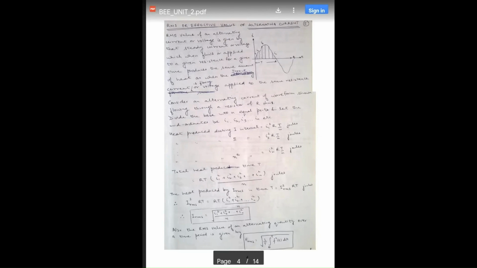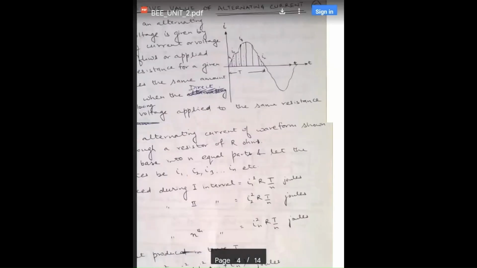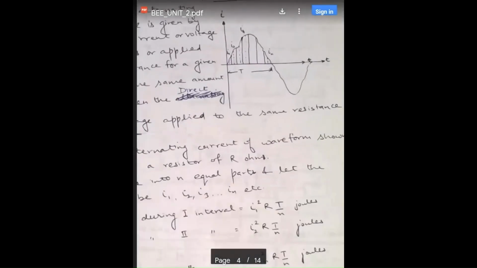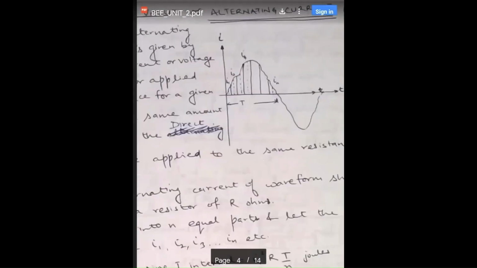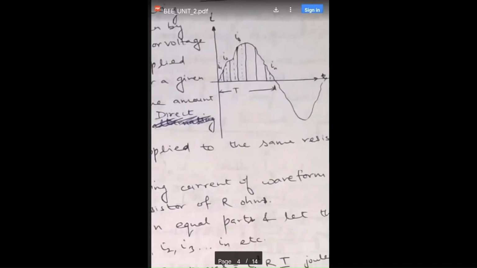So let us suppose that this waveform is having the currents and that current can be divided into say I1, I2, I3 till In. So each of these components will produce some heat.